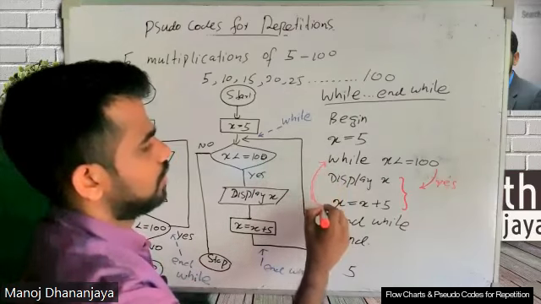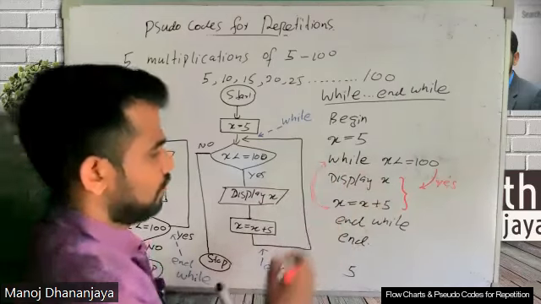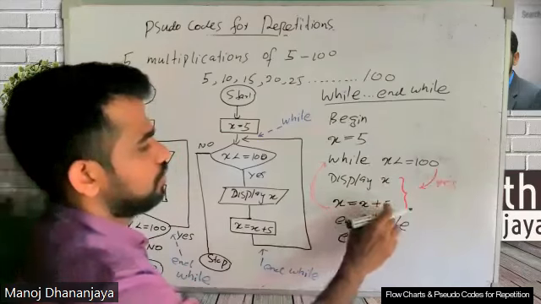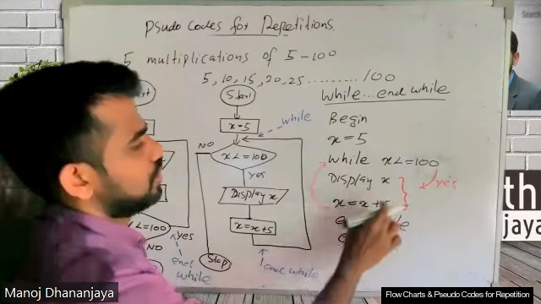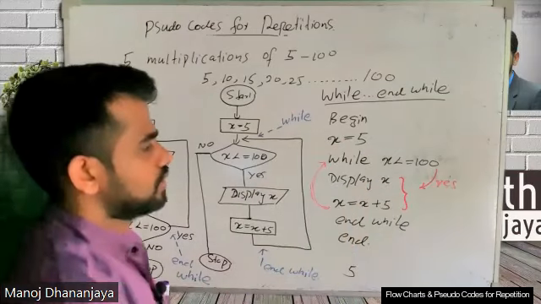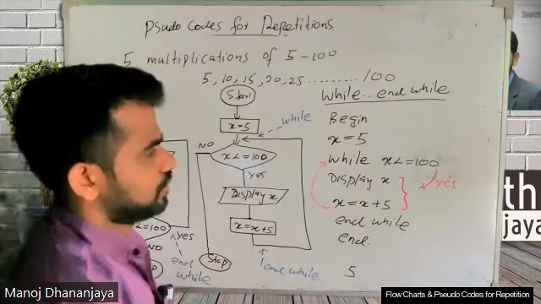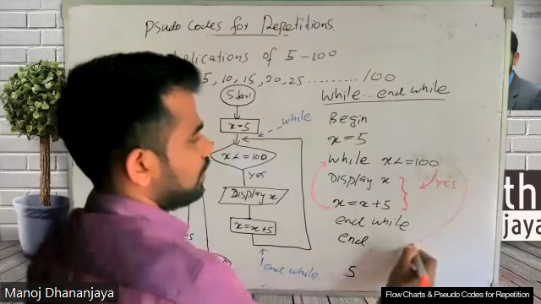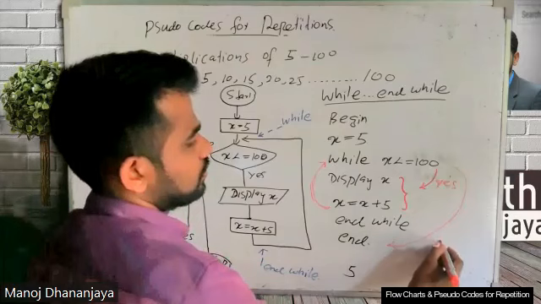Is 10 less than or equal 100? Answer, yes. 10 will be displayed. 10 plus 5, 15. Check the condition. 20, check the condition. It will run in this way. Finally, in one situation, the answer to this question will be no. If it is no, the program will end.